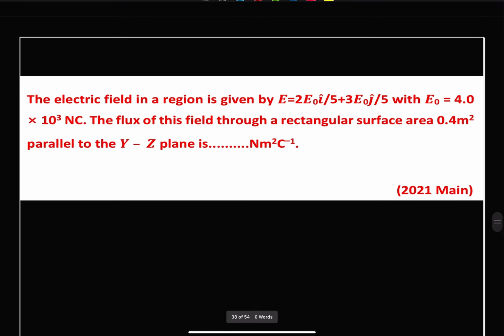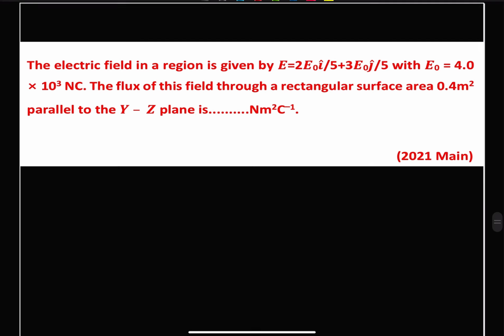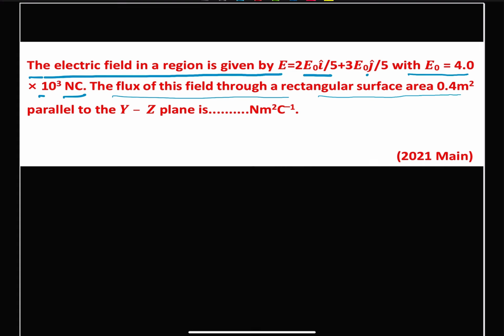We are given the electric field in a region as 2 E naught I divided by 5 plus 3 E naught J divided by 5, with E naught equal to 4 into 10 to the power 3 Newton per Coulomb. We need the flux of this field through a rectangular surface of 0.4 meter square parallel to the YZ plane.